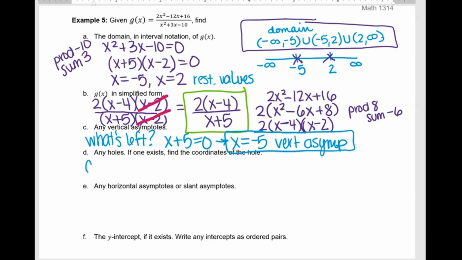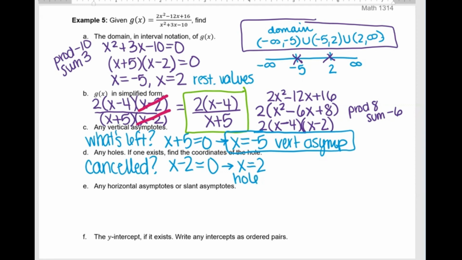Looking for a hole, it's what did we cancel? Because we canceled something this time, the x minus 2, we set it equal to 0, and we have x equal to 2 is where our hole is.